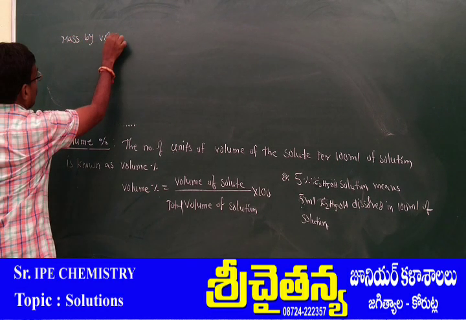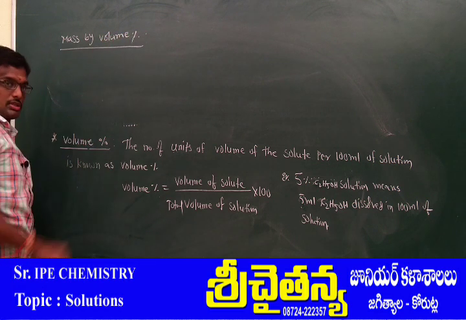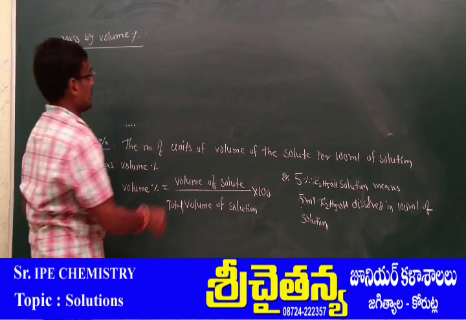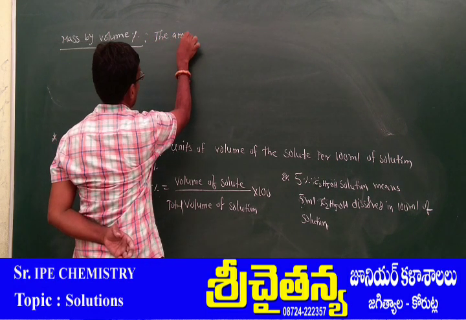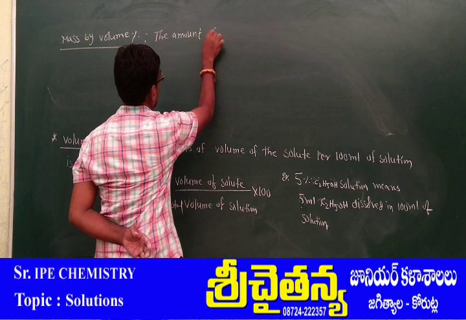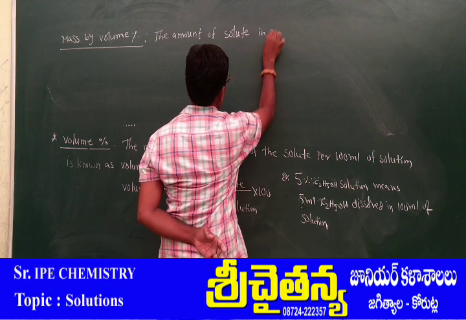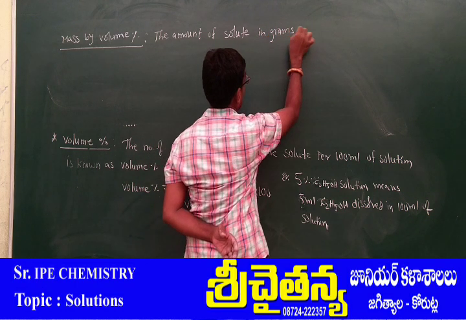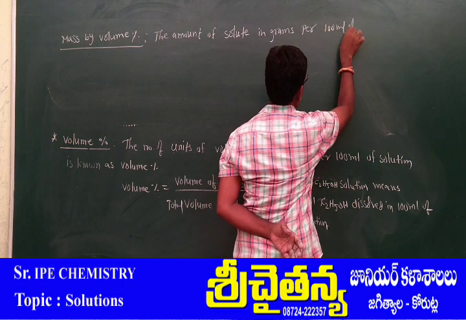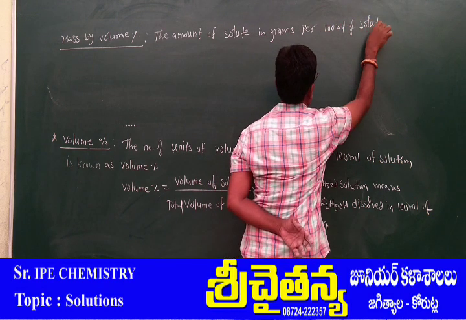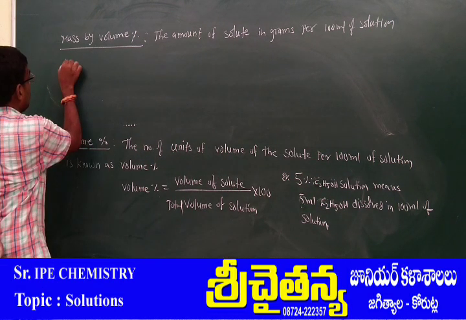Mass by volume percentage. What is meant by mass by volume percentage? It is defined as the amount of solute in grams for 100 ml of solution.